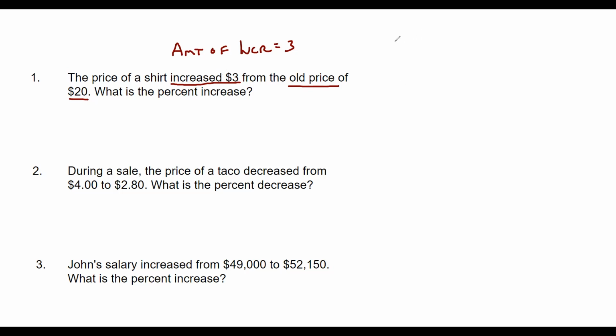So let's set this up. The amount of increase goes on top, the old amount goes on the bottom, and we set that equal to our unknown percent over 100. Now we cross multiply. As I've mentioned before, I always like to start cross multiplying with the part that involves x. 20 times x is equal to 3 times 100, which is 300.